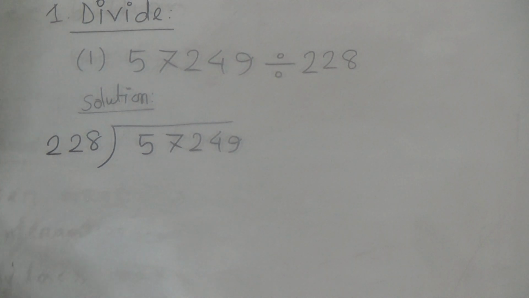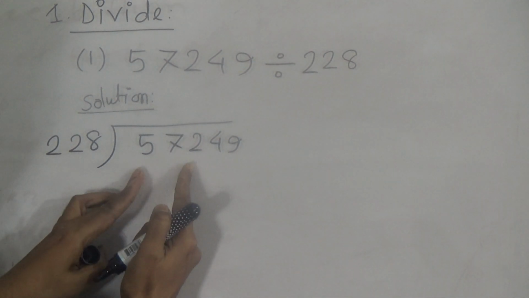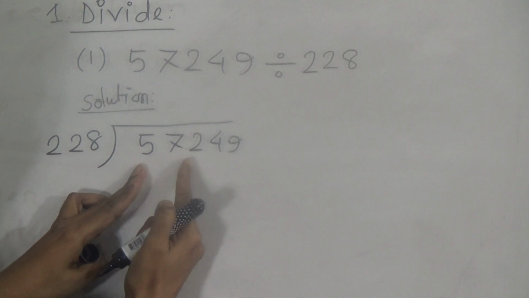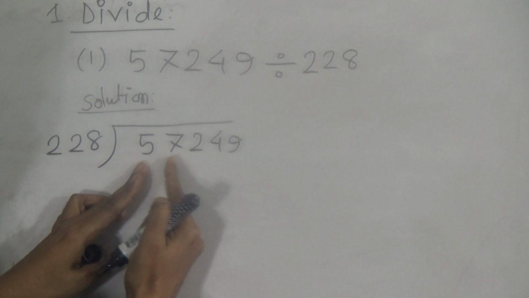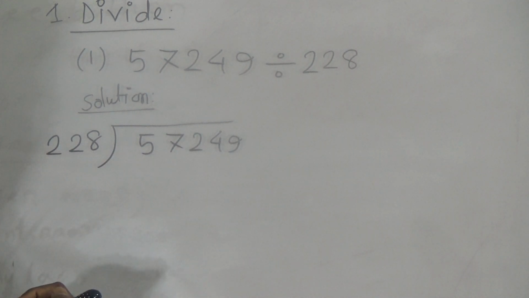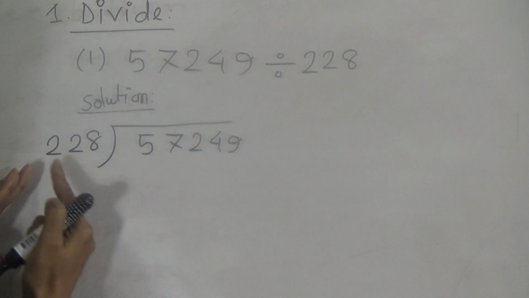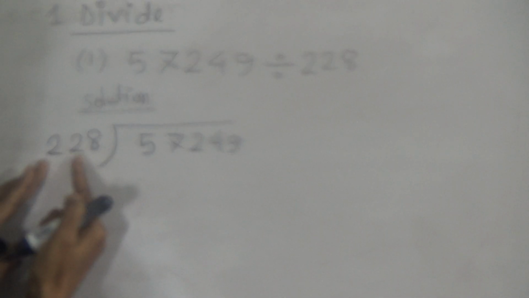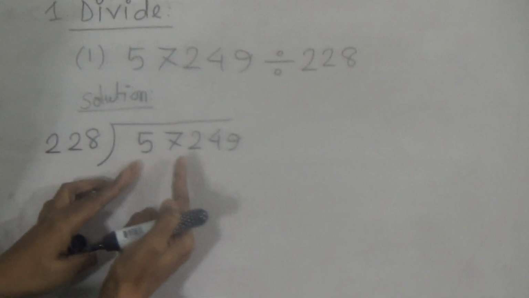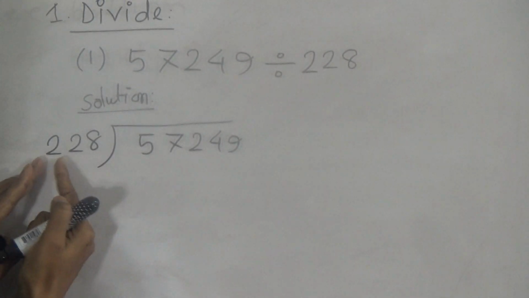Look, if we take 3 digits from here, it comes 572, and the divisor is 228. So we have to divide 572 by 228.